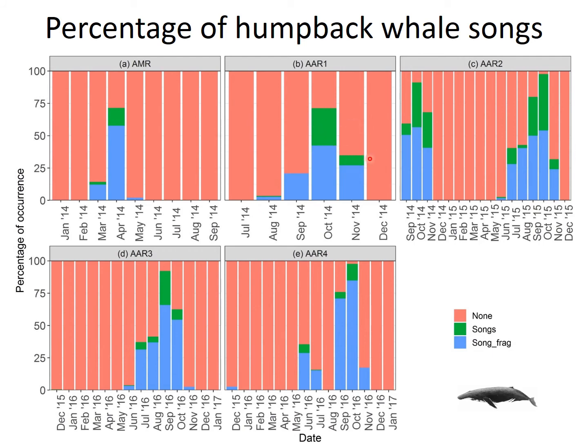Songs are produced in low proportions compared to the song fragments, and that makes sense because producing a full song is very energy expensive compared to just testing the waters by producing a song fragment. If there's a response, then you can take it to the next level and produce a full song.